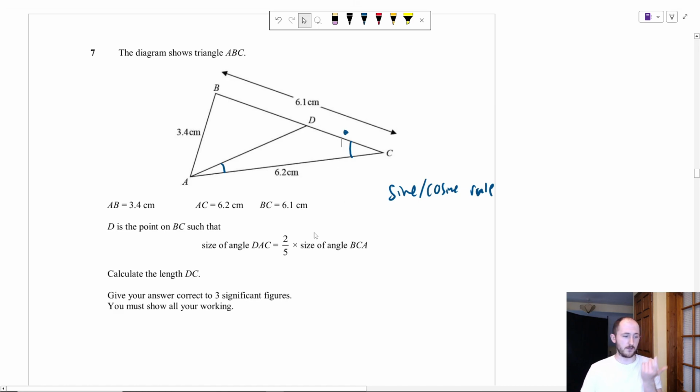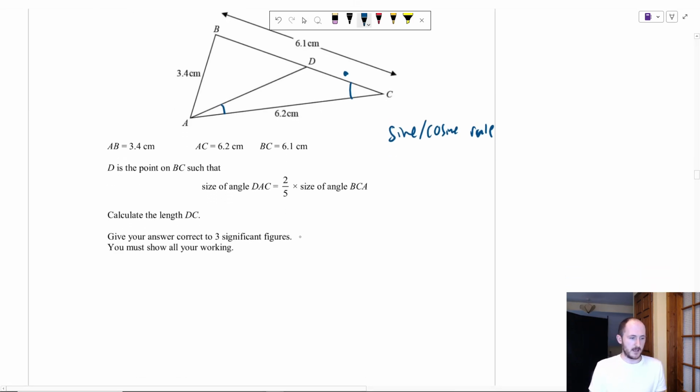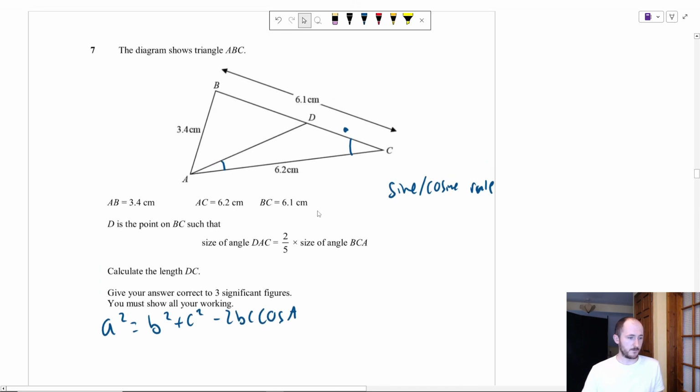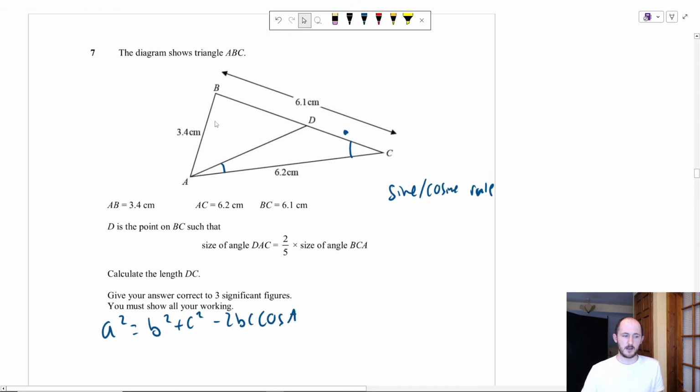So let's use the cosine rule, which states a squared is equal to b squared plus c squared minus 2bc cos A. Now the way I do the cosine rule, I don't bother labeling the sides like the way you would.